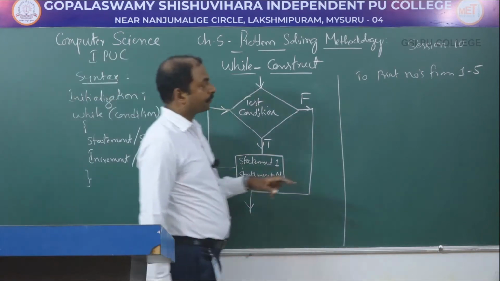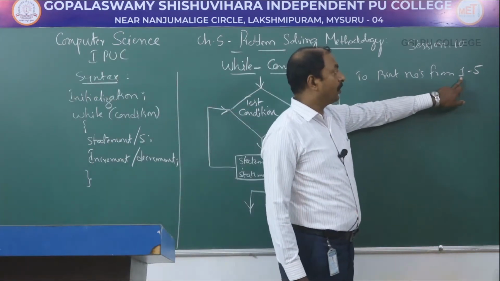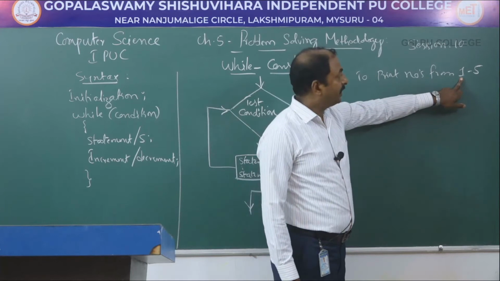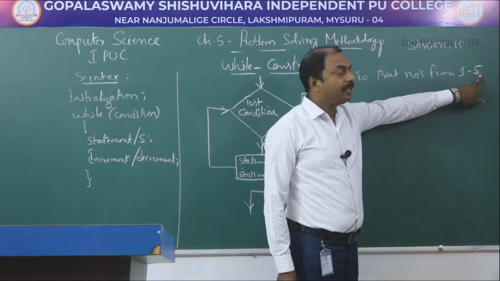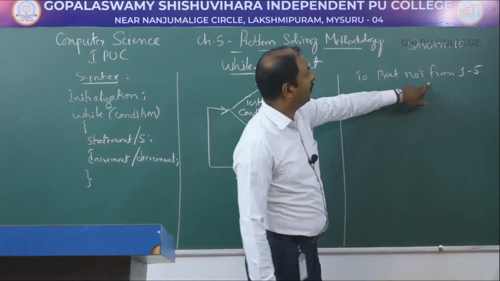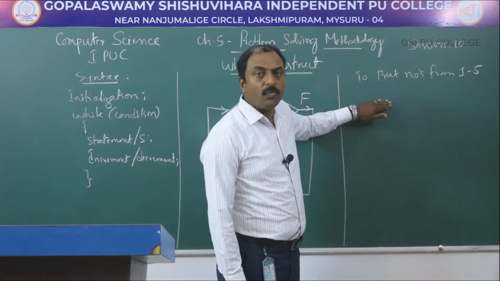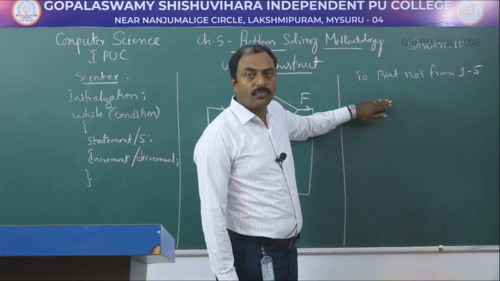So here in this example, we know the starting value is 1, that is the initialization, the final value is 5, and in between, if I want to print from 1 to 5, the output would be 1, 2, 3, 4, 5.